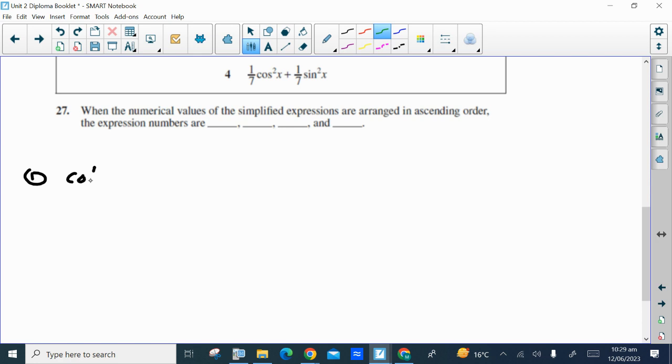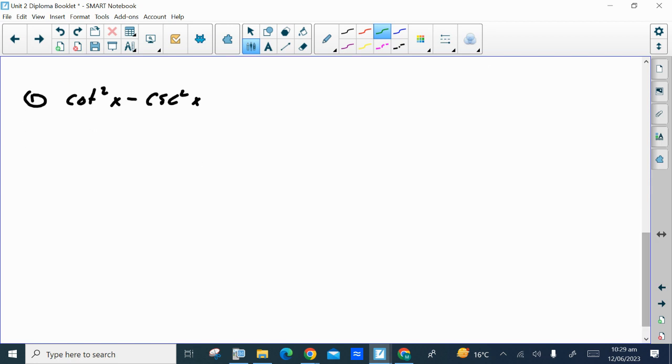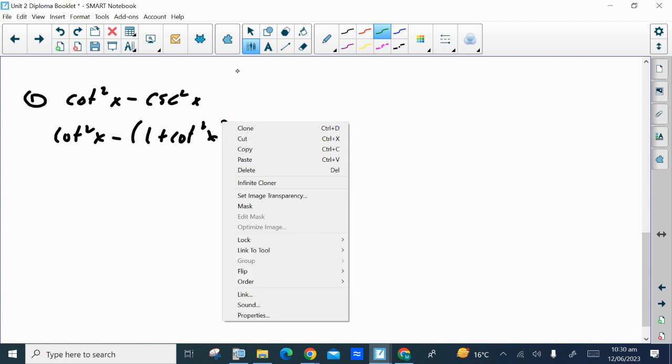We've got cotan squared x minus cosecant squared x. If you look on the formula sheet, you will see that cosecant squared x is 1 plus cotan squared x. That's on the formula sheet.